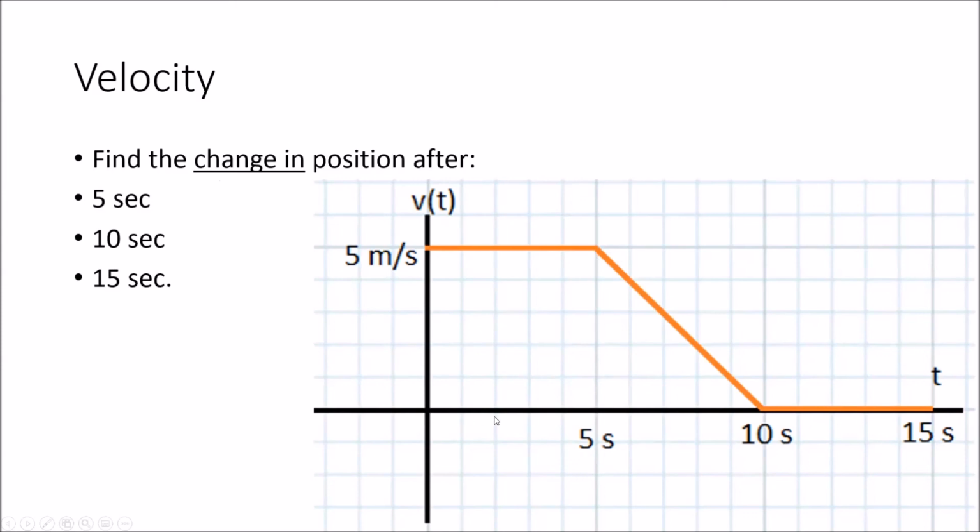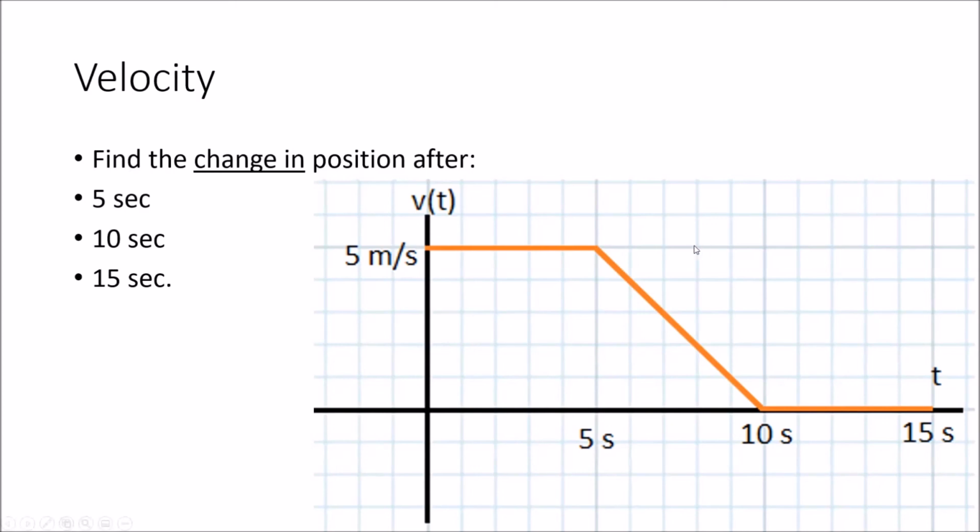The area under this curve is just the length of this, which is 5 seconds, times the length of this, which is 5 meters per second. The seconds cancel out, and you're just going to have 25 meters, which is the change in position that you'd have if you went 5 meters per second for 5 seconds. Sorry, you change your position by 25 meters, excuse me.